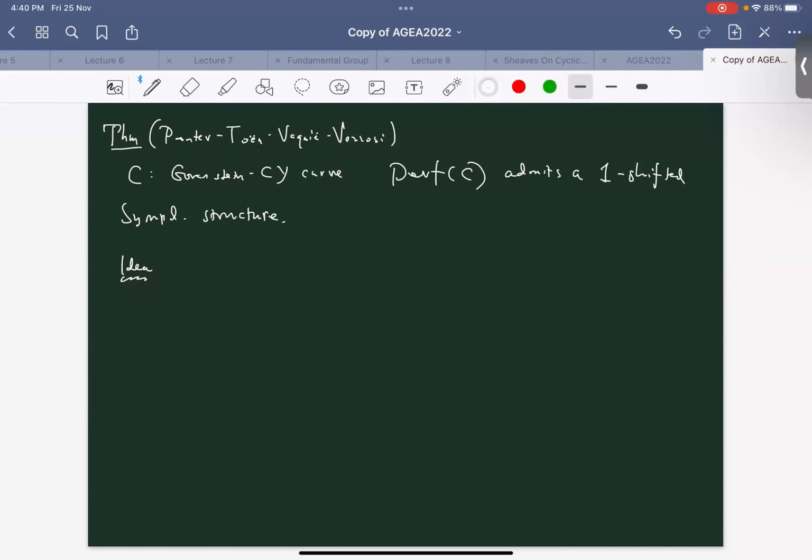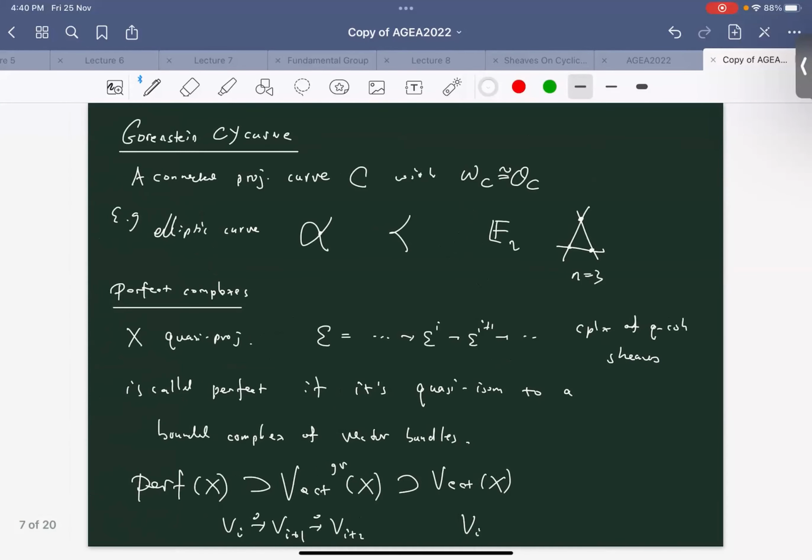Let me just remark that if C is smooth, like an elliptic curve, then you don't have to distinguish perfect complexes and coherent sheaves. They are equivalent as stacks. But for singular curves, you actually do make some selection. Some coherent sheaves are not perfect.